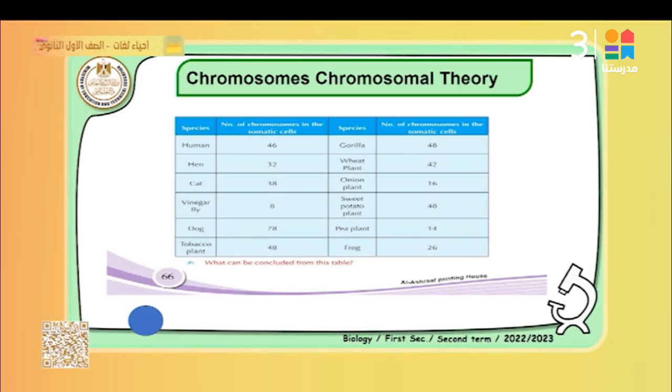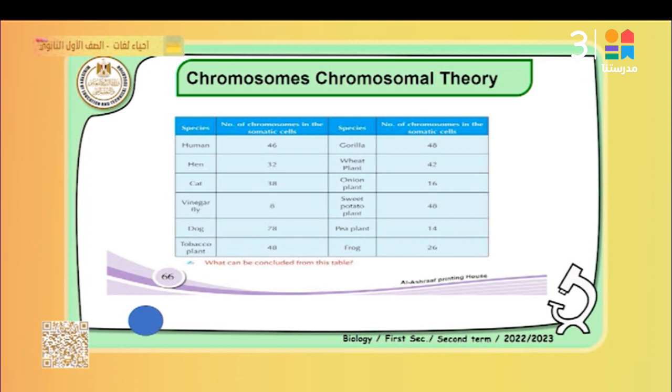This table represents the number of chromosomes in different species. For example, in humans, the number of chromosomes is 46. In gorilla, 48. In hen, 32 chromosomes. Wheat plant, 42 chromosomes.